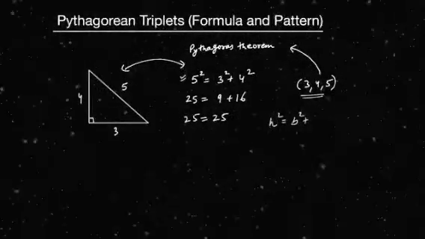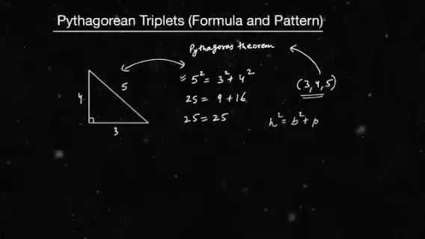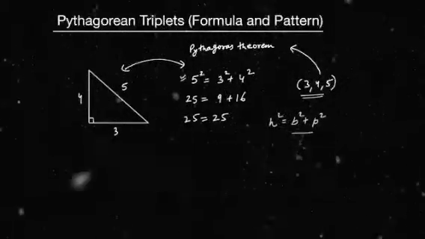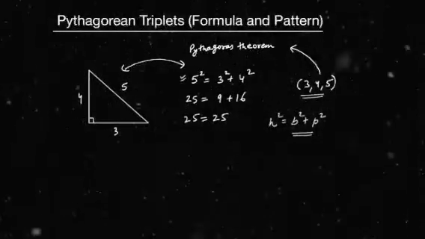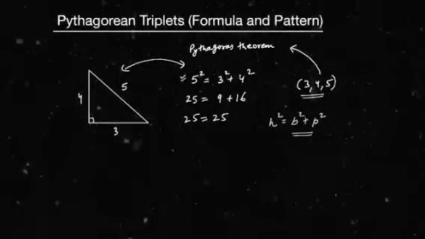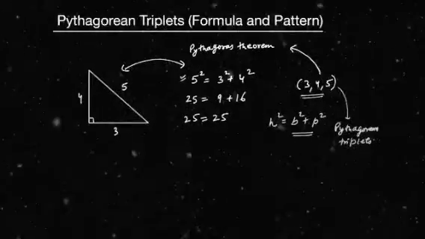And what is the rule? H square, that is hypotenuse square, should be equal to the sum of squares of base and perpendicular. Clear? So this is called Pythagorean triplets.